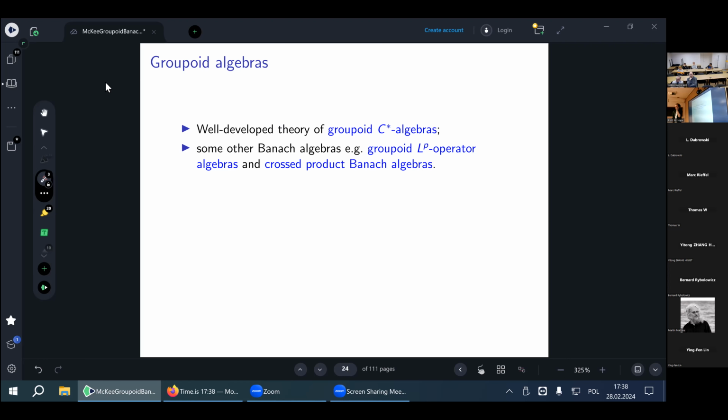And we wanted to generalize this existing theory. So our goal is a general construction of a Banach algebra associated to the groupoid, and we should have some way to recover these existing things.